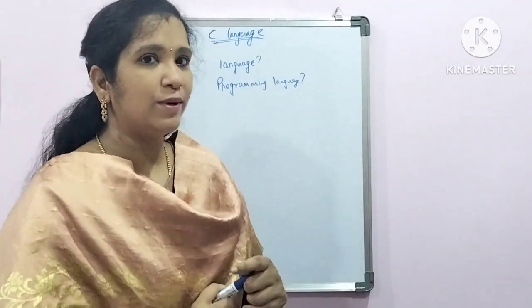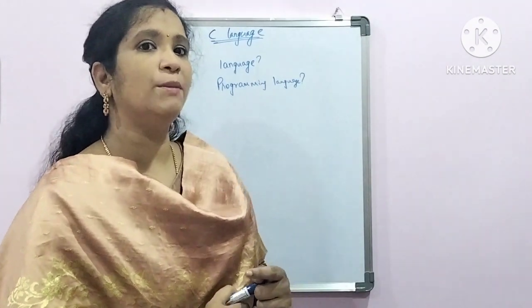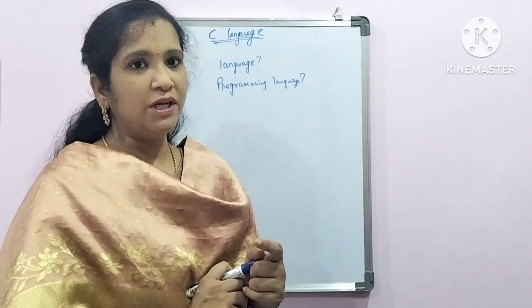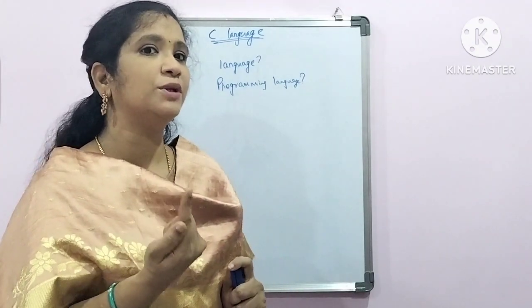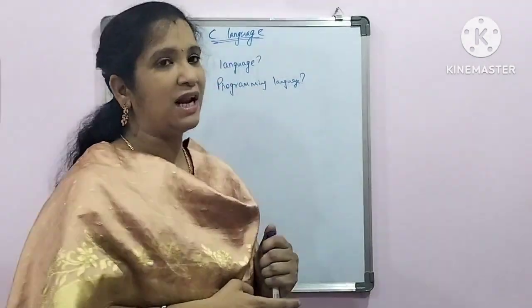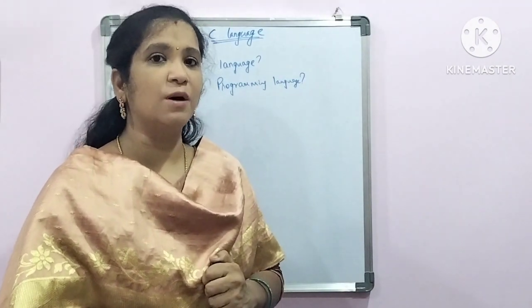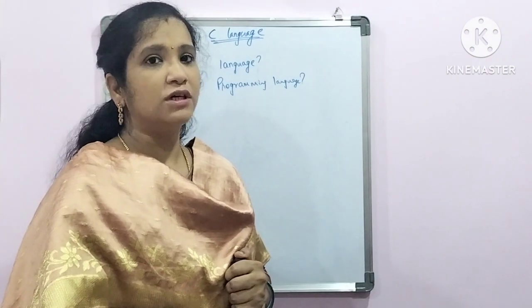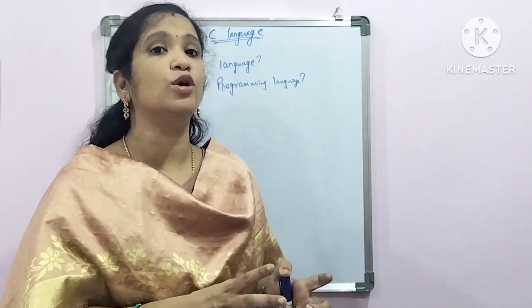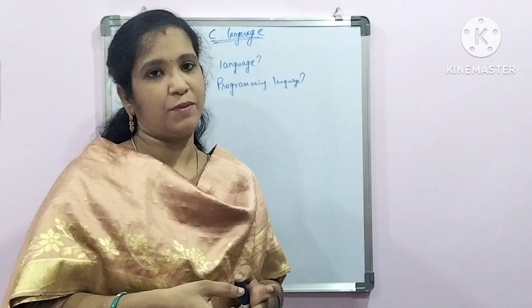So what is a language? Generally, language is used for communication purposes. That means if I want to communicate with other people, I use a language. For communication, there is a set of rules on how to speak.